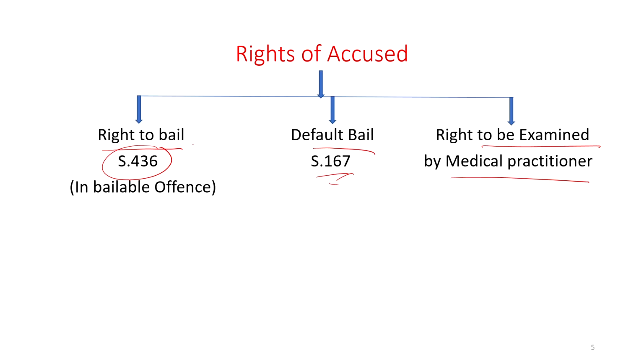Right to bail, section 436. Dear students, section 436 of the CRPC imposes an obligation upon the criminal court to release an accused against whom the allegation is about a bailable offence. A bailable offence is that offence which is shown as bailable in the first schedule of the CRPC.